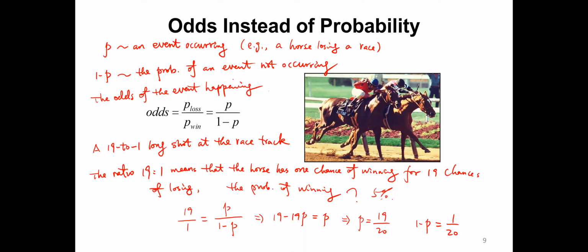P is the event occurring, for example a horse losing a race. 1 minus P is the probability of the event not occurring. So this is a binary classification, spam or not spam, malignant or not malignant.